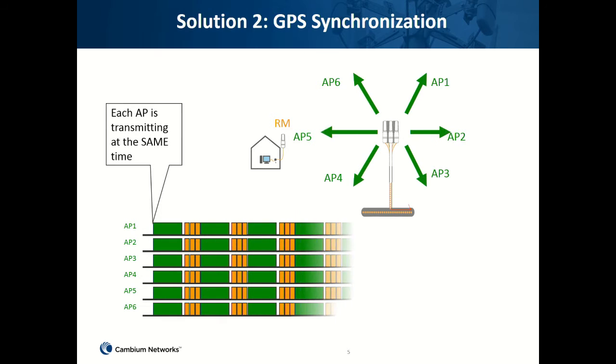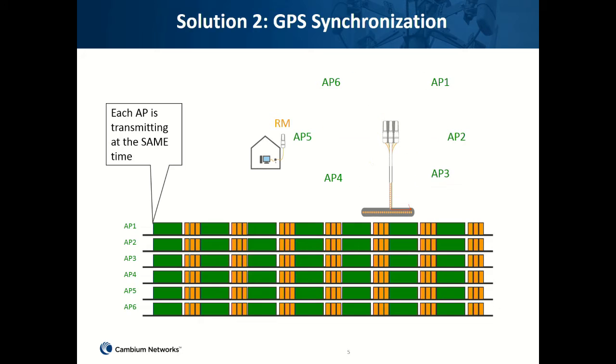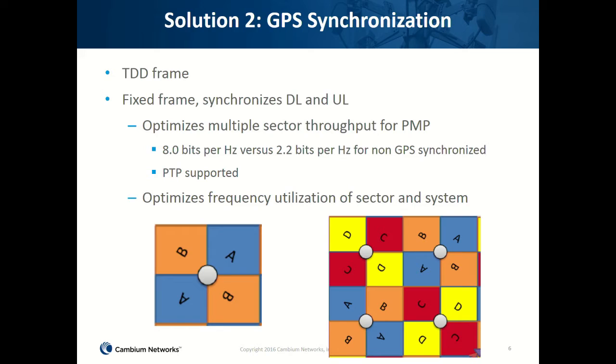GPS sync, just to remind everybody, we coordinate when we transmit and when we receive. And that way we can co-locate our access points together and minimize the amount of channels that are used. So normally on a tower, a 20 megahertz channel, what you can do now is you can have an AB scenario like we have here on the slide.